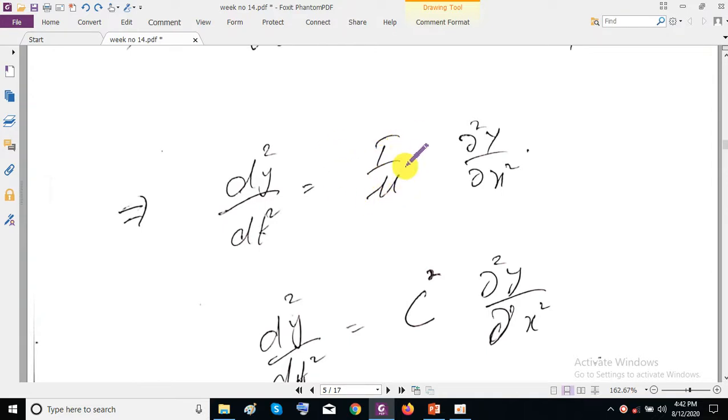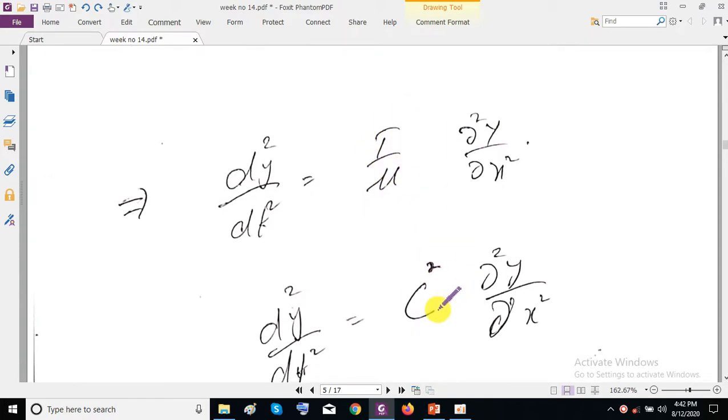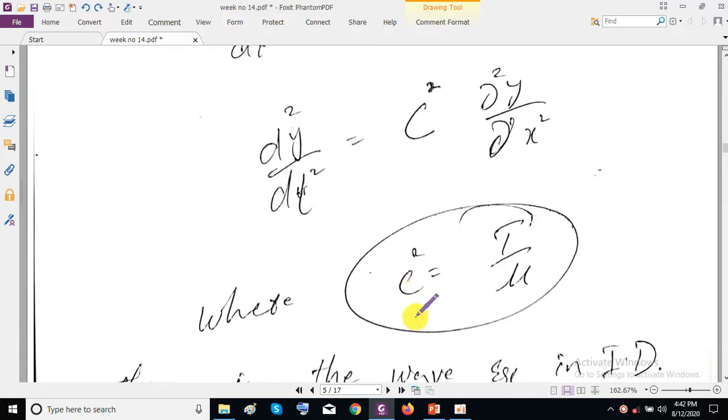So this is a constant, and we call it c square. We denote this constant by c square. OK, because both these values are constant. To make it positive, because tension cannot be negative and density also cannot be negative, so we make them positive. So for positivity we say that this is equal to c square, where c square is any constant. OK, this is just labeling of the constant T by mu as c square.